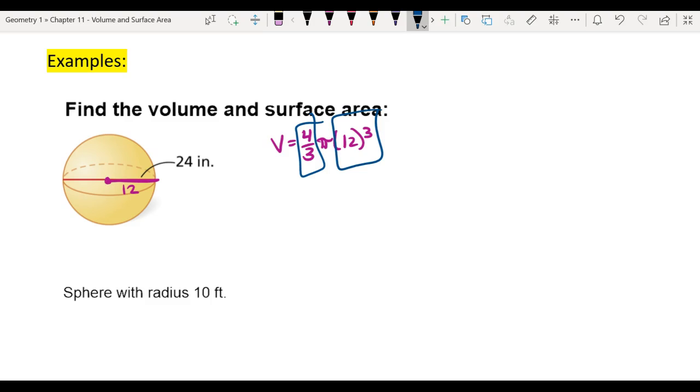So you'd hit up arrow 3, or you could hit times 12 times 12 times 12. The up arrow button is kitty corner from the 7. It looks like an upside down carrot. From that you get 2,304, and then you would stick your pi on the end.